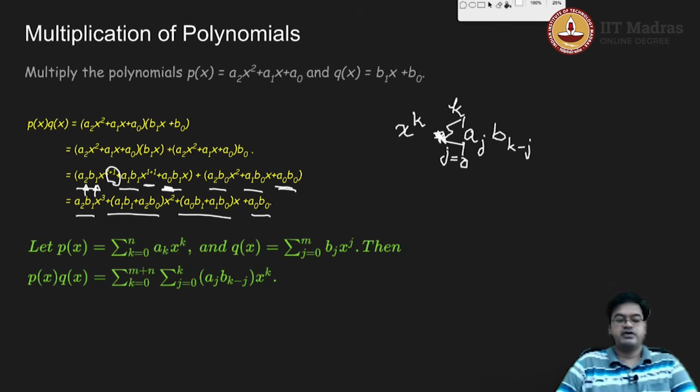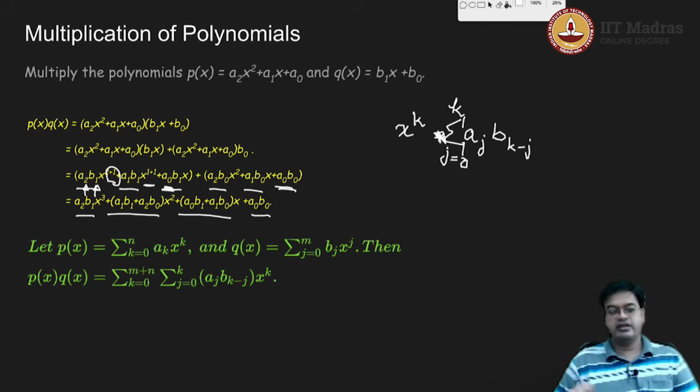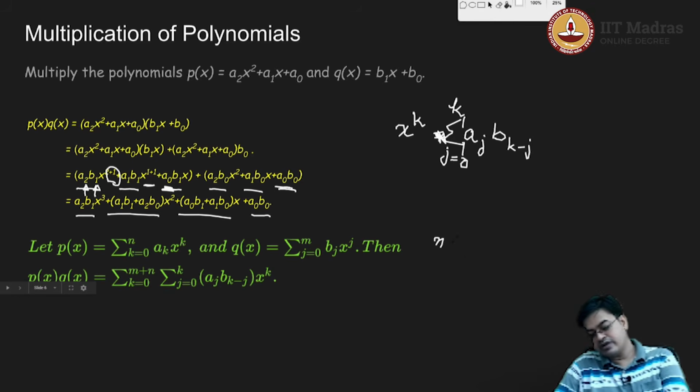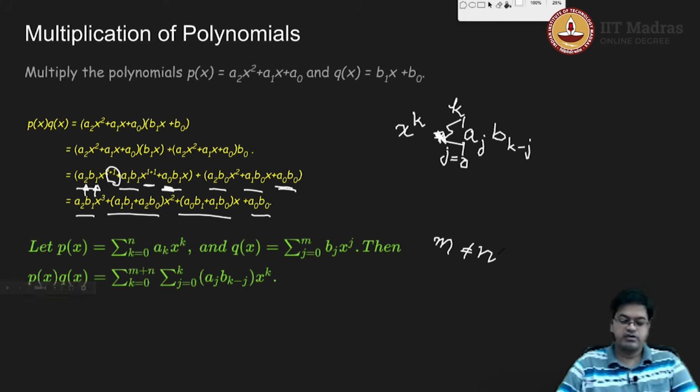So if you are given a polynomial of degree n, p(x), and if you are given another polynomial of degree m, q(x), let us say m not equal to n. Even if m is equal to n, it doesn't matter, but for our purposes, let us take m not equal to n. Then what will be the coefficient of each of the x raised to k's?